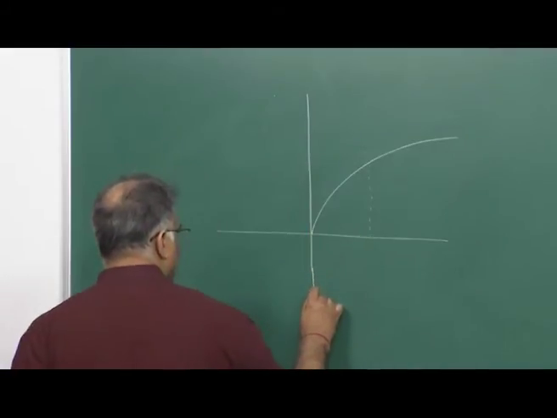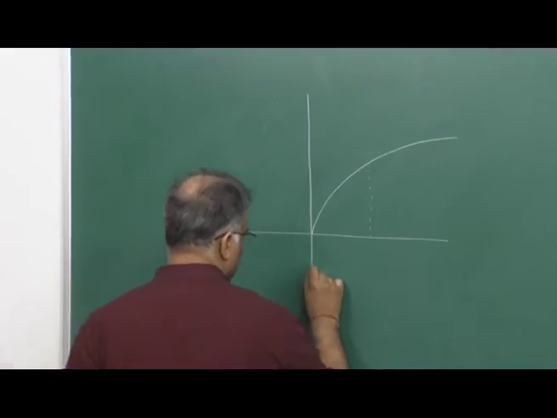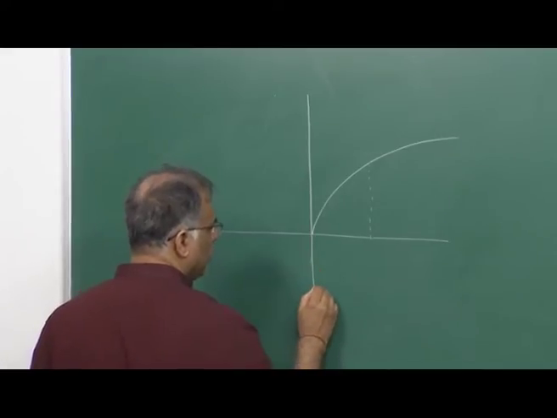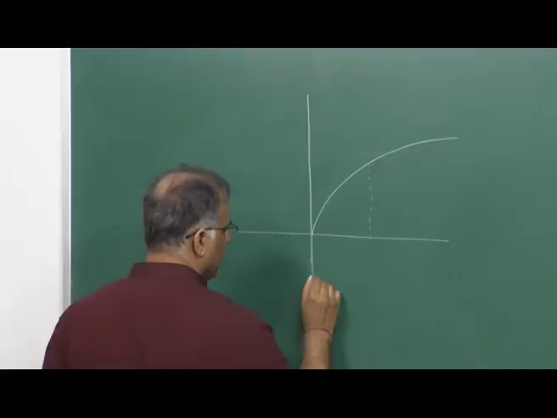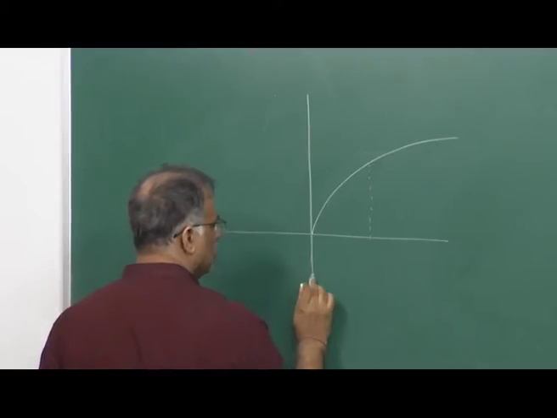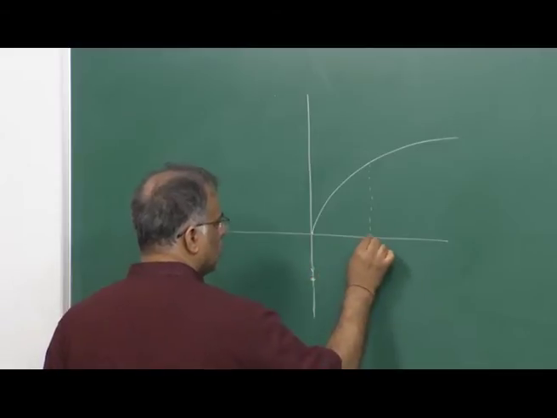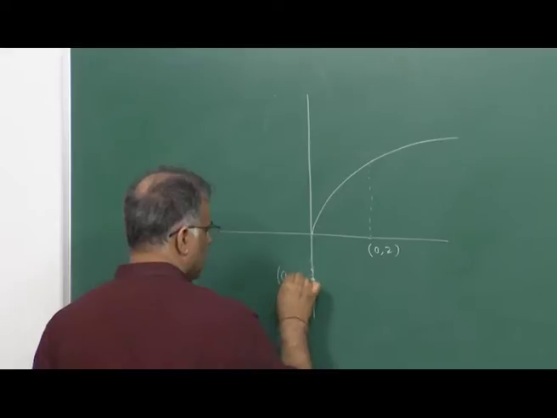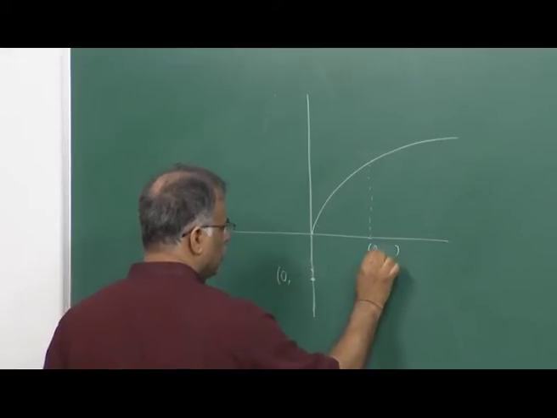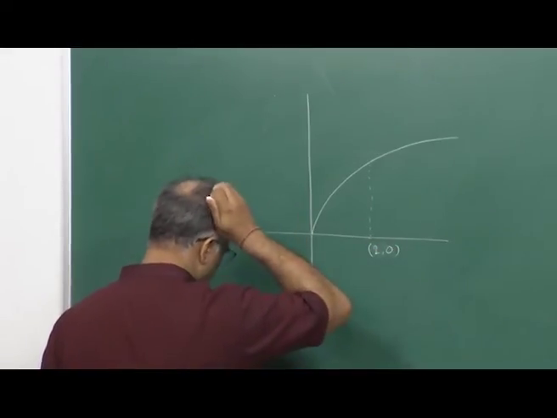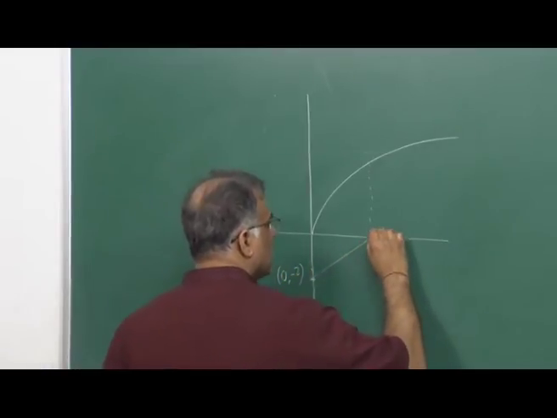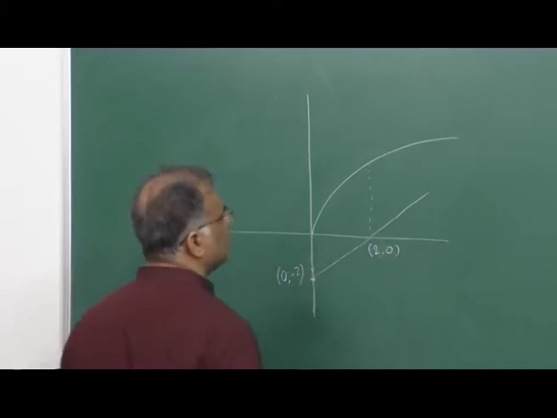So, this is 2, 0 and 0, minus 2. So, this line just passes like this, right.